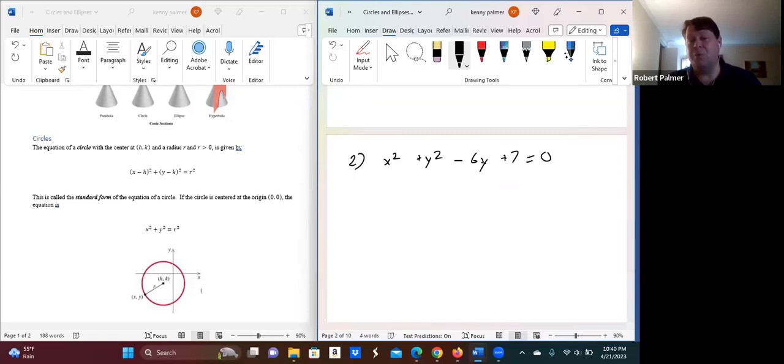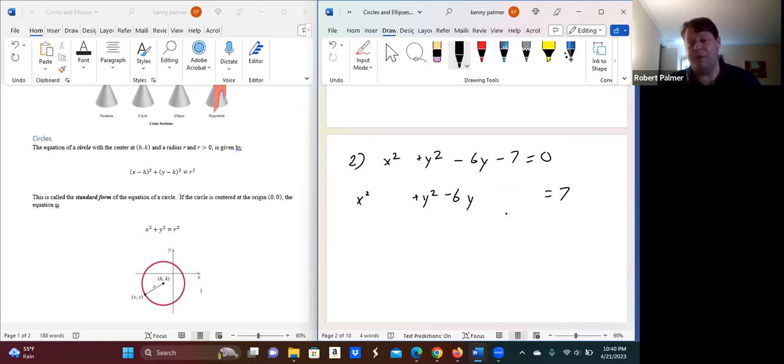And let's go ahead and group our x and y terms. So we're going to have x squared, and then we're also going to have plus y squared minus 6y equals, actually, let's make this a -7 instead. Okay, so add 7 to both sides.